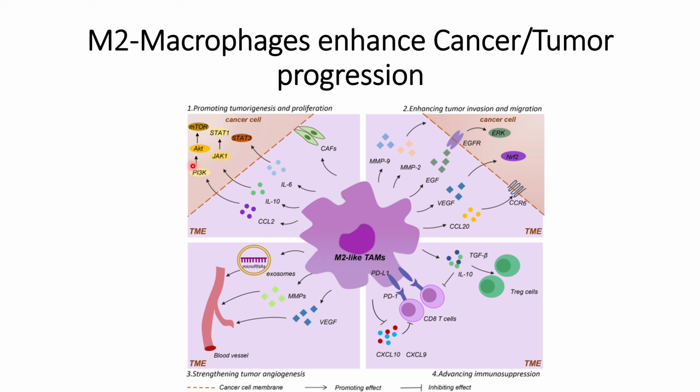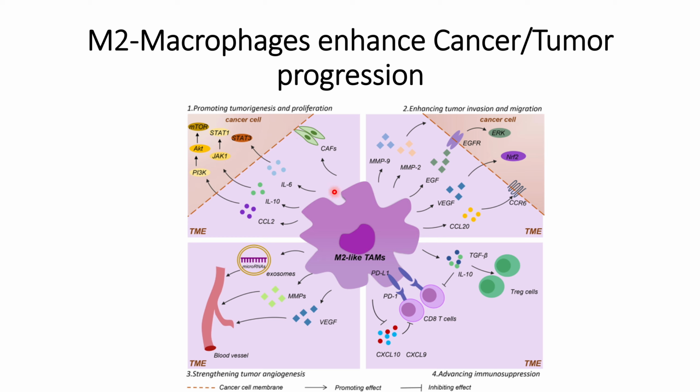For example, this PI3K, AKT, mTOR pathway is a survival pathway, and at the same time these JAK1, STAT1 and STAT3 pathways also help in promoting tumorigenesis. The overall goal of these pathways is to provide an accelerated growth rate to these cancer cells.